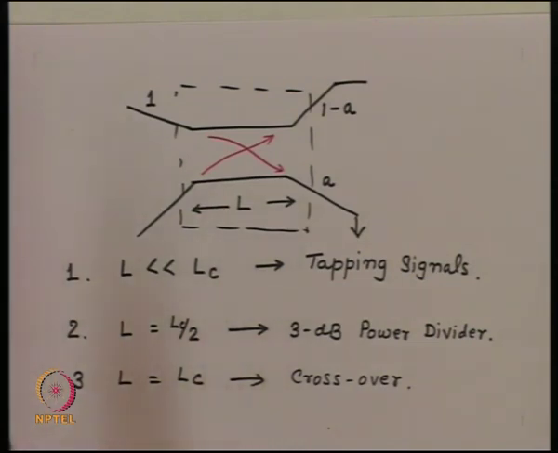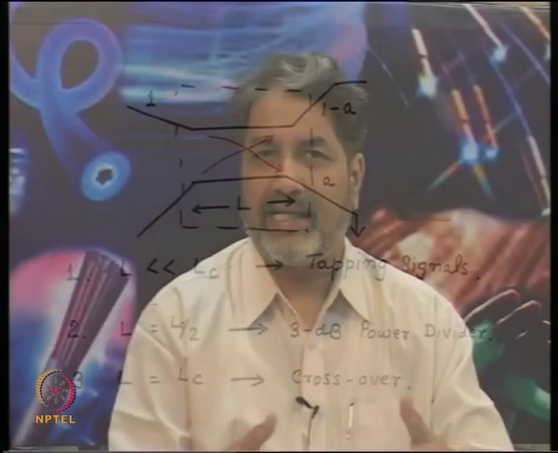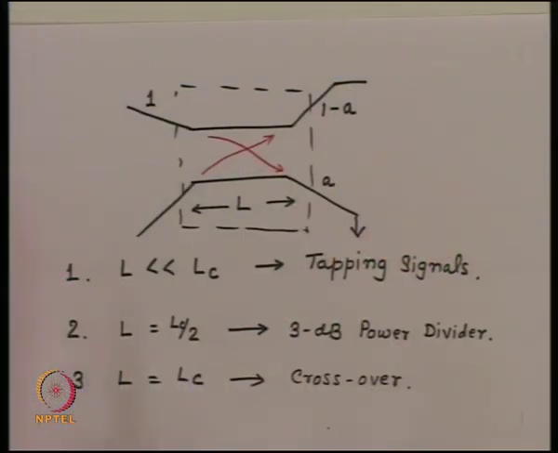Now, let us say we make this directional coupler on an electro-optic material like lithium niobate. If we do that, then we can change the refractive index of the material by application of the electric field. If the refractive index of the material is changed, then as we saw earlier, the coupling coefficient, which is a function of the refractive index of the channel waveguide and the surrounding medium, will change.